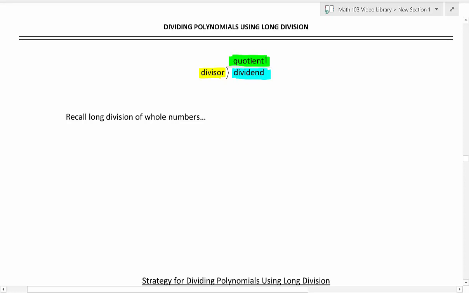I want to start by recalling how to do long division of whole numbers. One of the things I love the most about math is that the overarching principles don't change. So the way that we divide whole numbers is really the same process that we're going to use to divide polynomials.